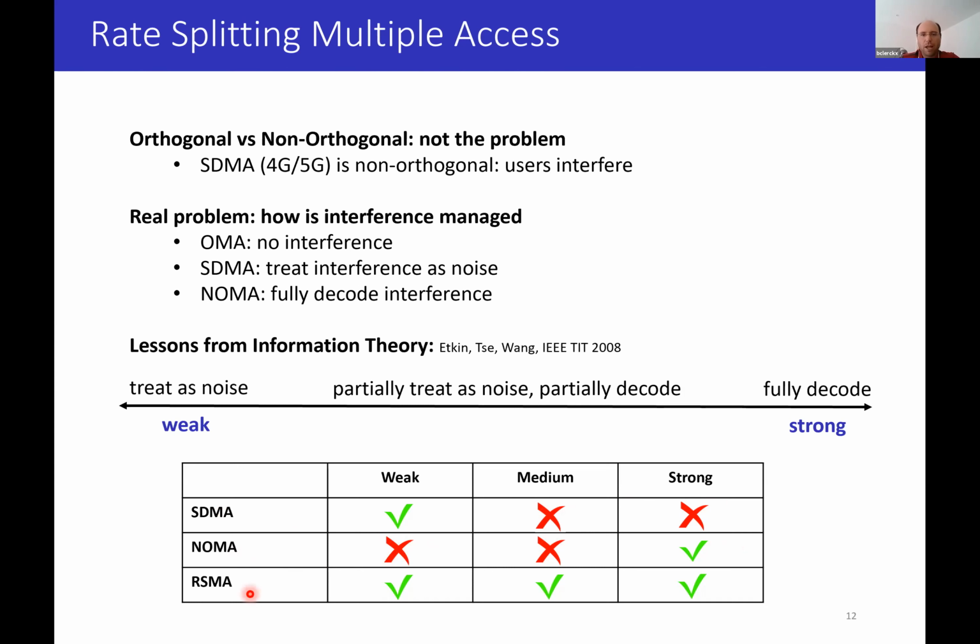With rate splitting multiple access, essentially you rely on this principle. You partially treat interference as noise, you partially decode it. And by doing this, you can adjust how much interference you decode, how much you treat as noise. And so you can really bridge treating interference as noise on one hand and fully decoding interference on the other hand. That's why it's a strategy that helps you to accommodate all forms of interference regime, from the weak all the way to the strong.